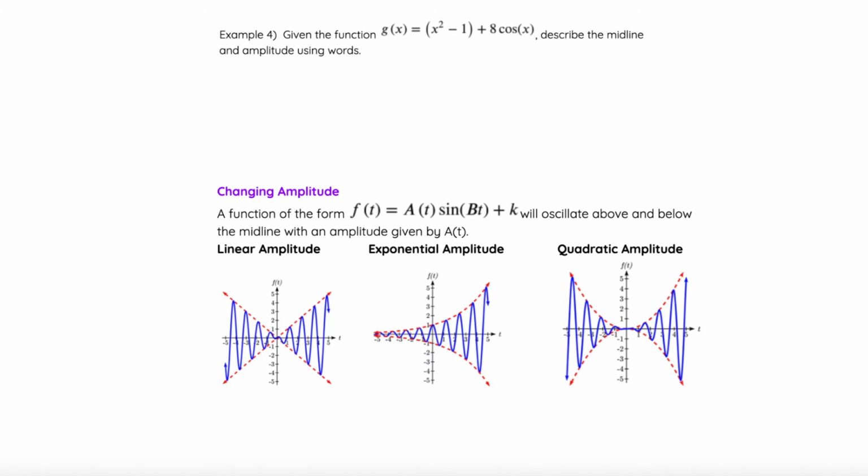So all I'm going to do is rewrite this so that g of x is equal to 8 times cosine of x plus the x squared minus 1 portion. Notice my midline is quadratic, so we have a quadratic midline.